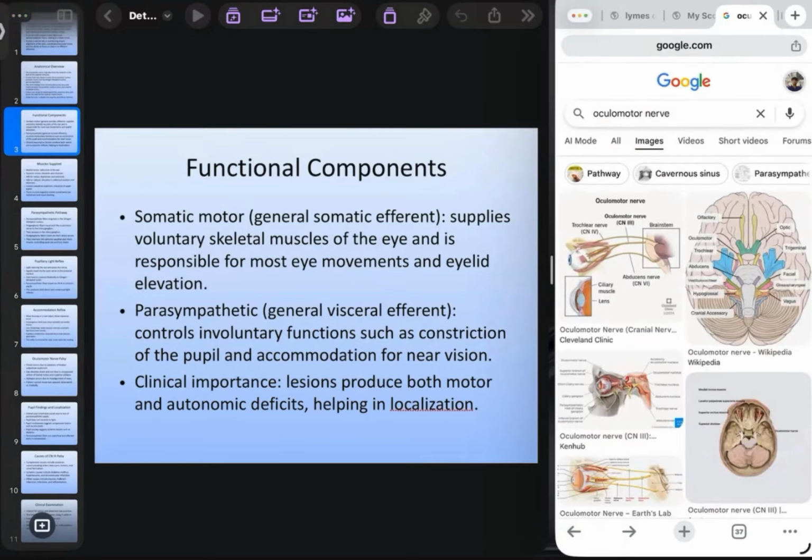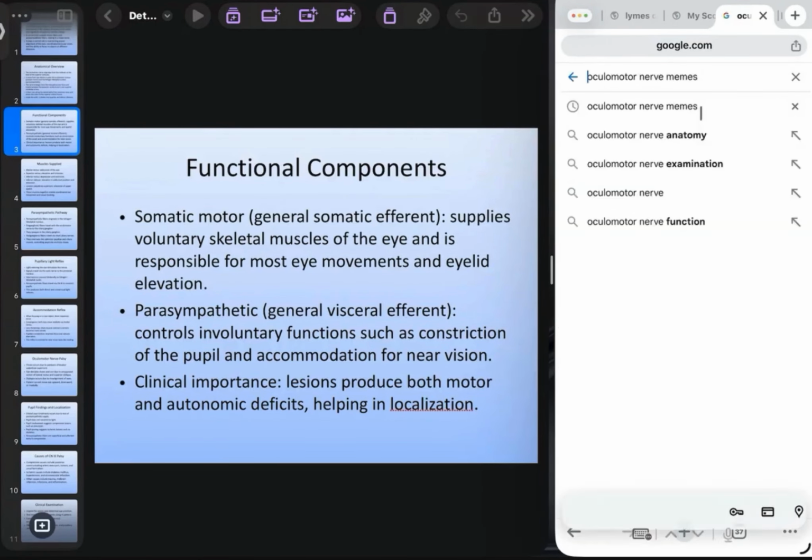Perfect. So let's talk about the functional components of this nerve. The oculomotor nerve has two main components. The first one is the somatic motor component, and it supplies the extraocular muscles and is responsible for voluntary eye movements, specifically moving your eyes and also elevation of the eyelid.